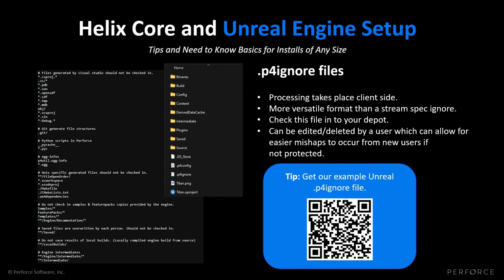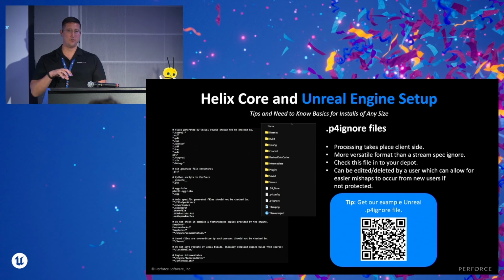The pro is that the processing takes place client-side. So when you actually, in P4V, say, I'd like to submit my workspace or mark for add, it's your machine that's doing that processing and filtering before it goes to the server. So there's no undue server load. We can use everyone's individual machine to figure that out.